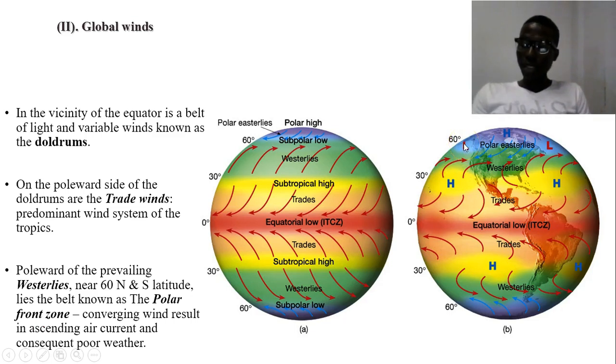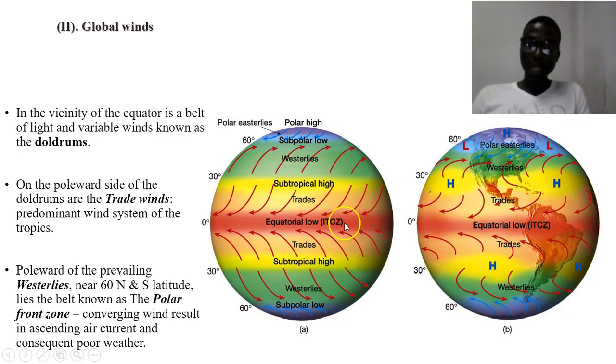So basically, where you have a high pressure system, this is where the winds are going to start. And where you have a low pressure system, this is where the winds are going to be blown towards.